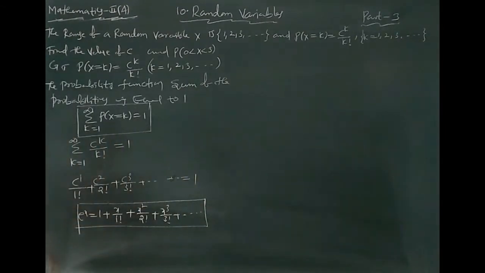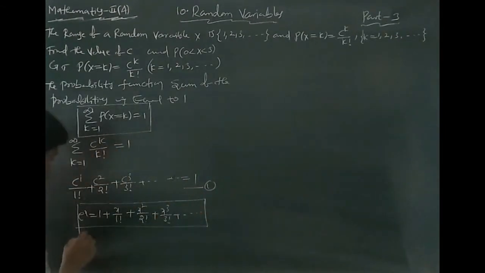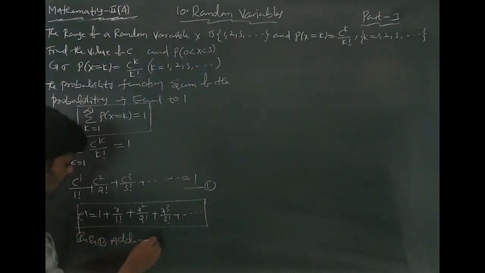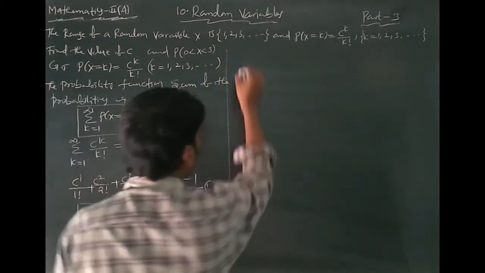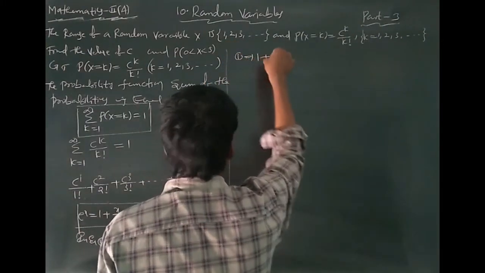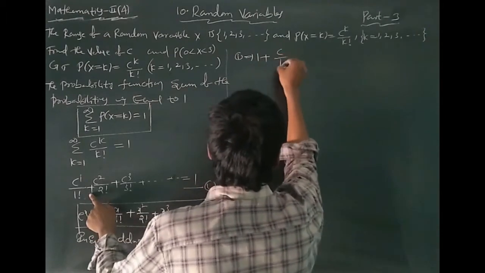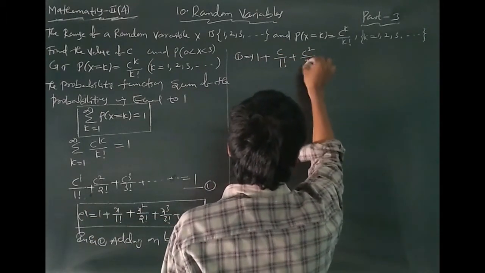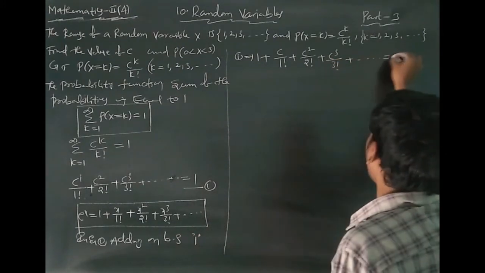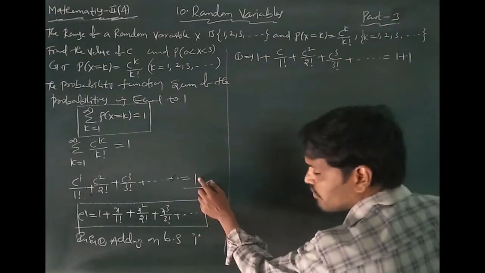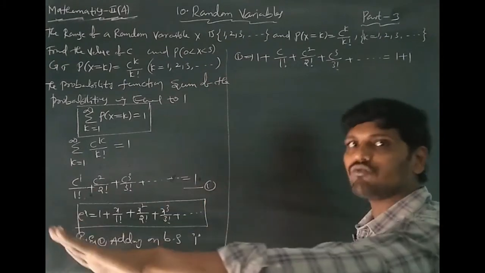That's why, suppose this is equation 1, adding 1 on both sides, you get constants: 1 plus c by 1 factorial plus c square by 2 factorial plus c cube by 3 factorial and so on. 1 plus 1, already 1 is there here, adding once again 1.